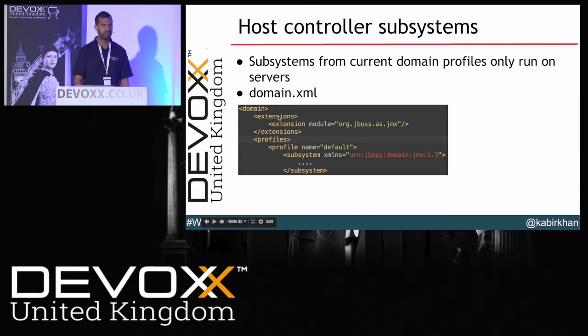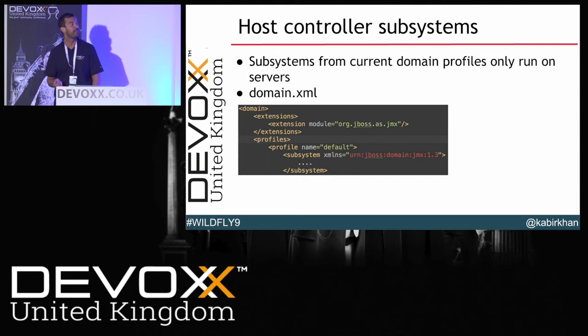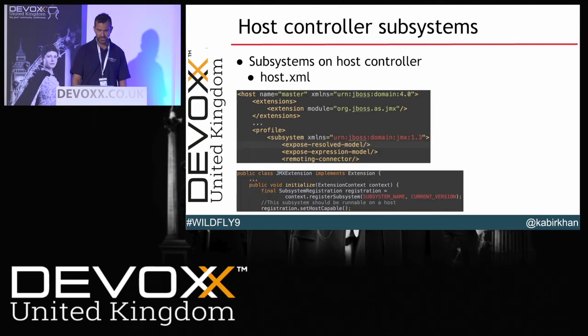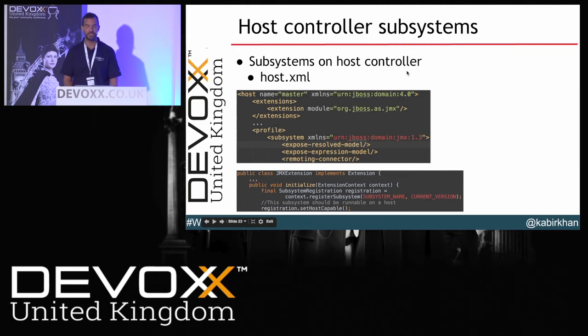So an extension has the definitions for the subsystems, and then you define your subsystems. And this is just templates for what will be run on the servers that belong to this profile, but they do not affect anything on the host controller at all. So the new feature in WildFly 9 is to be able to define these subsystems in the host controller. So it has a new extension section and then a profile where you can define subsystems.